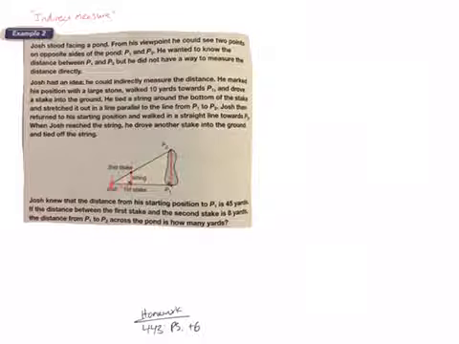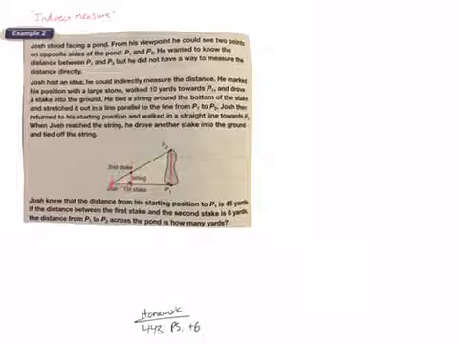Josh then returned to his starting position and walked in a straight line towards P2. So he came back here and is walking this way now. When Josh reached the string, he drove another stake into the ground and tied off the string. Josh knew that the distance from his starting position to P1, so this length along here, is 45 yards.